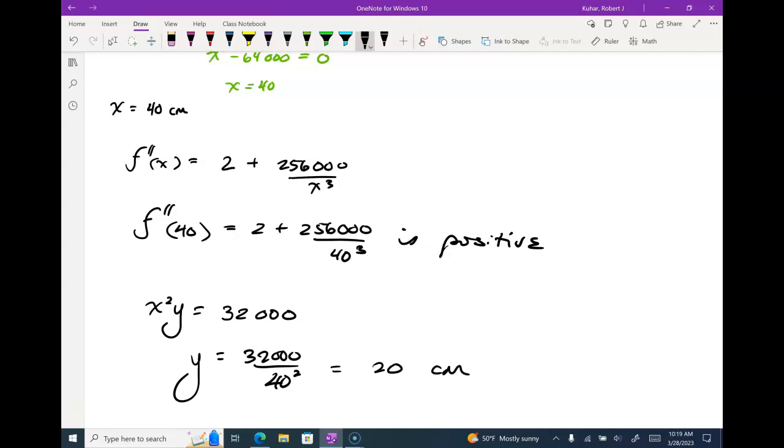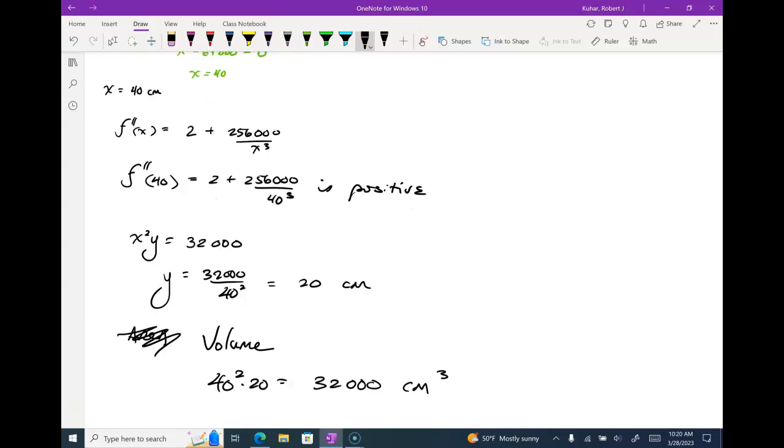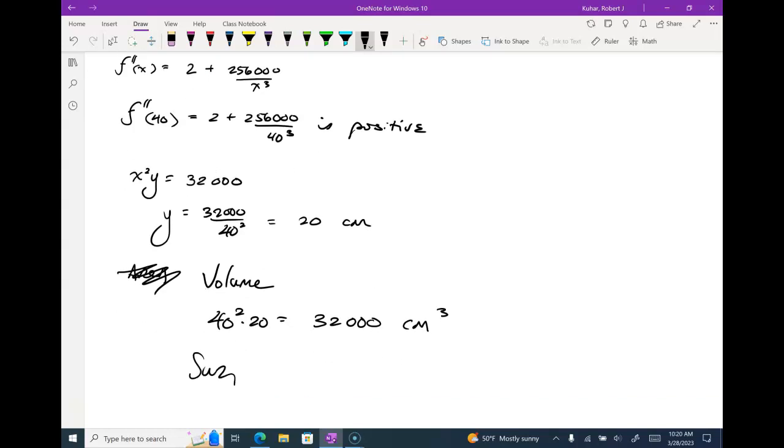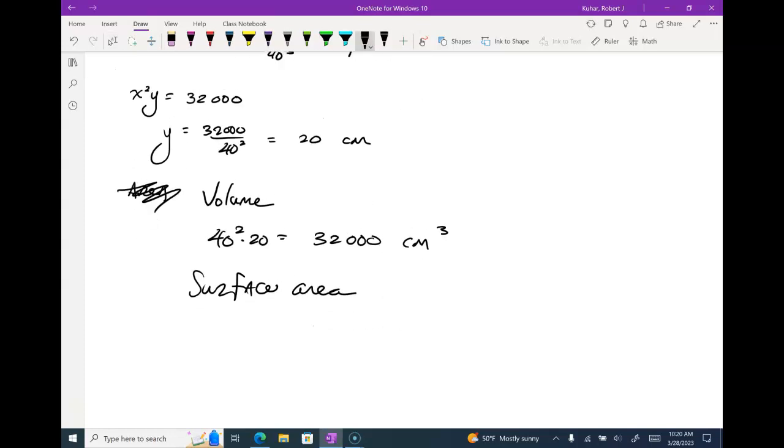I know x is 40 centimeters. I know y is 20 centimeters, right? I know the volume, 40 squared times 20, which of course is 32,000 centimeters cubed, right? And I need the surface area. My surface area was what?